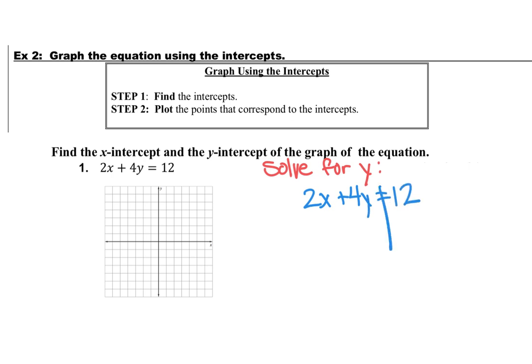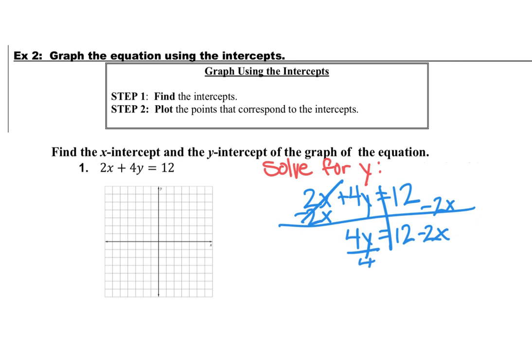We subtract the 2x, solving for y. We'd have 4y is equal to 12 minus 2x, so y is equal to 3 minus, and negative 2 over 4 can be simplified down to 1 over 2, x.